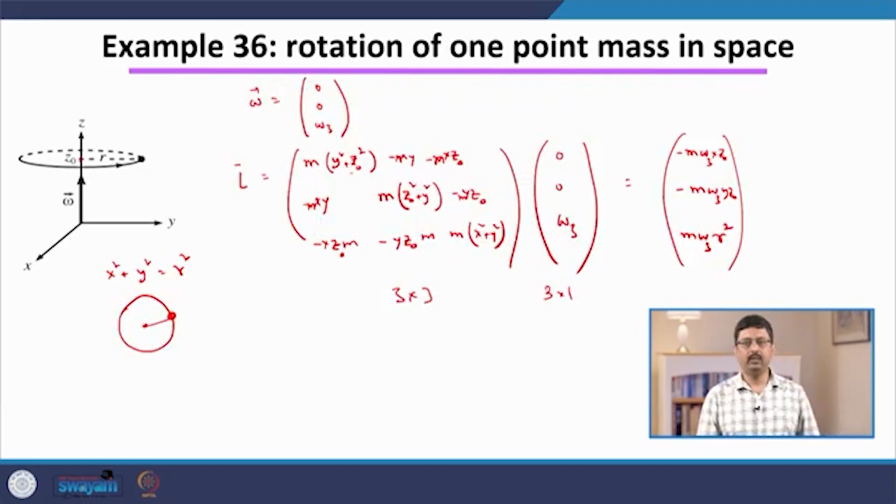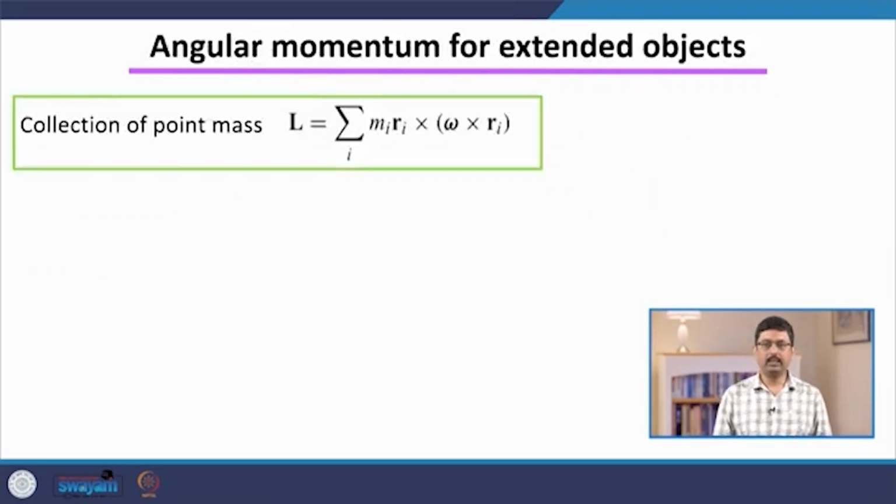So, we have found a relation between angular momentum and angular velocity as a matrix product for a single point mass. Let us generalize the definition of angular momentum to an extended object. First, let us consider a collection of point masses. There are n point masses, not a continuous mass distribution. In that case, the angular momentum is straightforward. You compute this quantity r cross p.